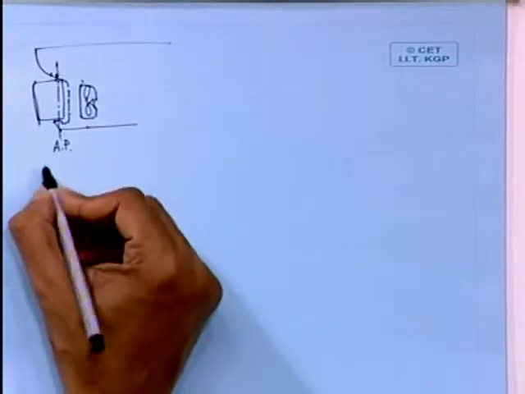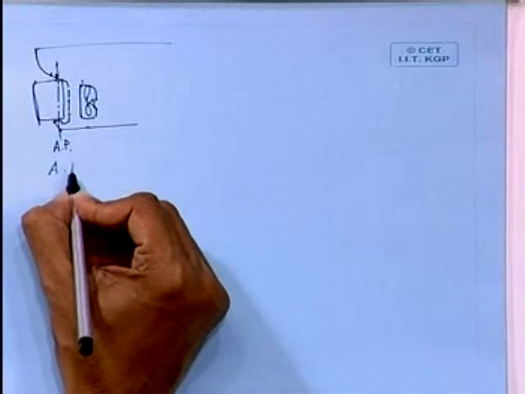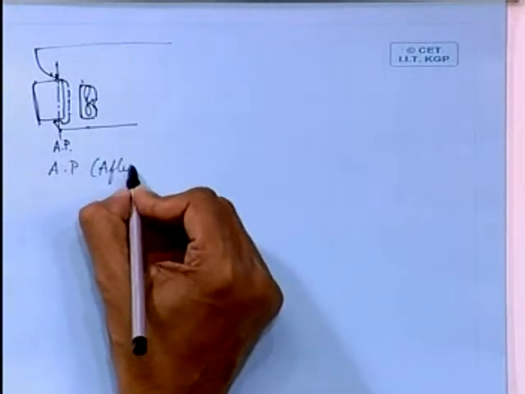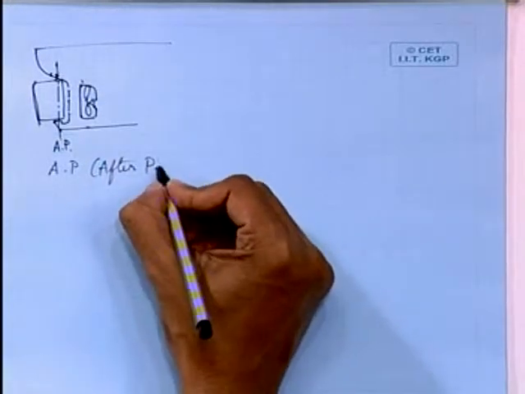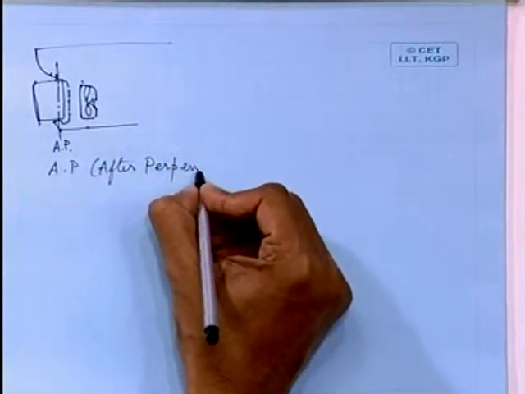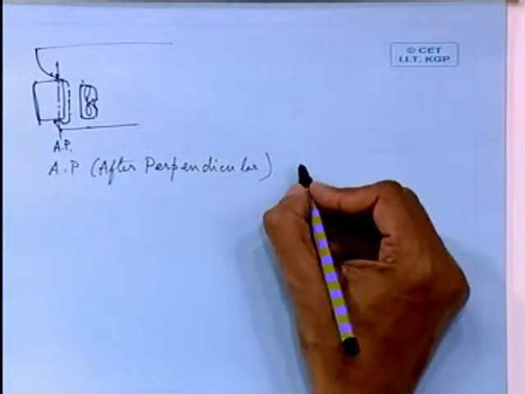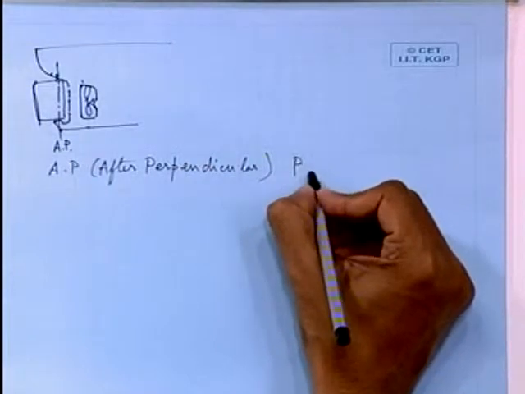So AP is the after perpendicular, the position of the rudder stock.